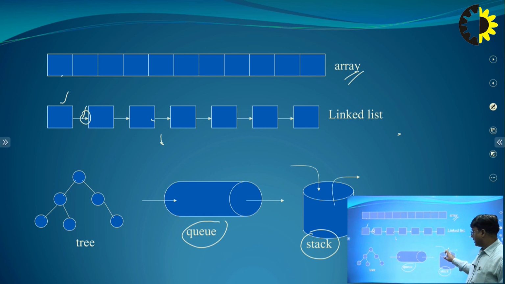That's why, as the arrow is shown here, this one is the incoming of data, and this one is the outgoing, meaning pushing and popping of data. So the first data will be the last data, and the last data will come out first. That's why it is treated as a stack.